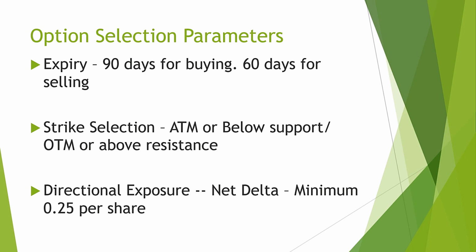So preferably sell out of the money options and buy at the money or slightly in the money options. If we are making a strategy for a directional trade, then care should be taken to maintain a minimum net delta of 0.25. We will discuss what the advantage of this is during the discussion about strategies.